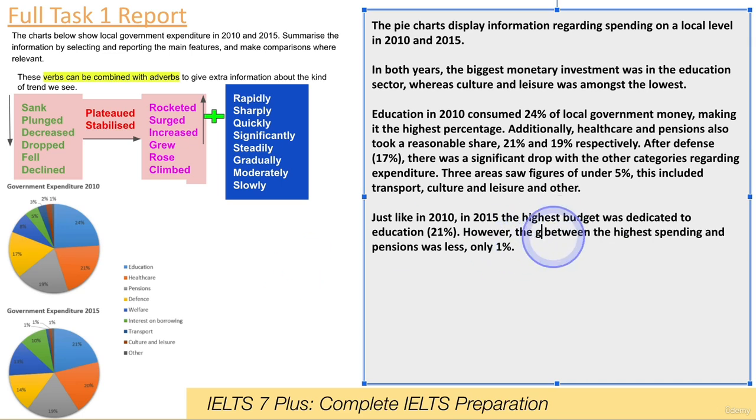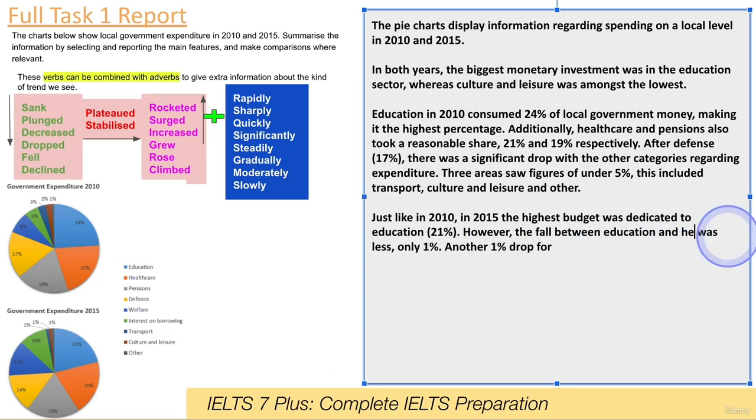Or maybe the fall between the highest spending between, maybe we could be more specific, education and pensions was less, only 1%. So we can talk about the differences as well, which is a good way to sneak in some data there. Another 1% drop for not pensions, healthcare.